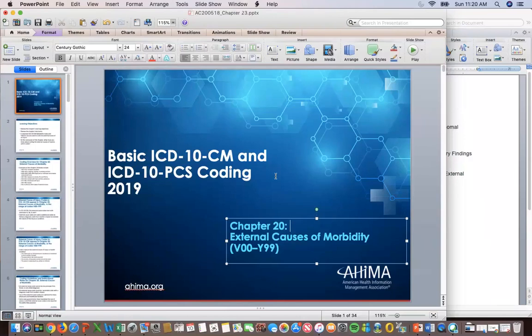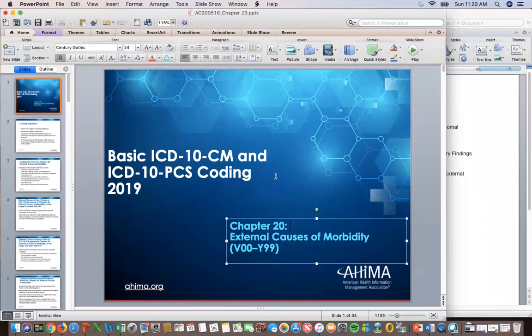So as you read through that, the external causes of morbidity code should never be sequenced as the first listed or secondary. Right there is a huge tip in regards to this diagnosis section. External causes are intended to provide data for injury research and evaluation of injury prevention strategies.